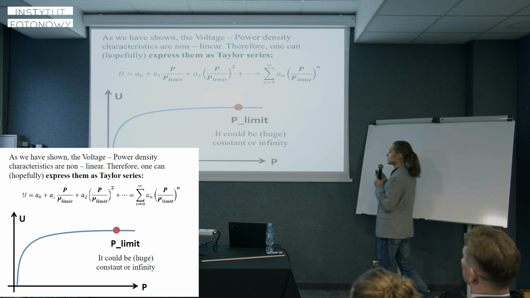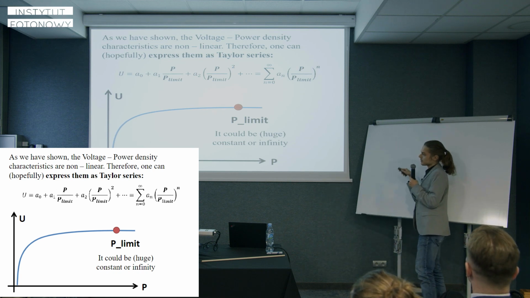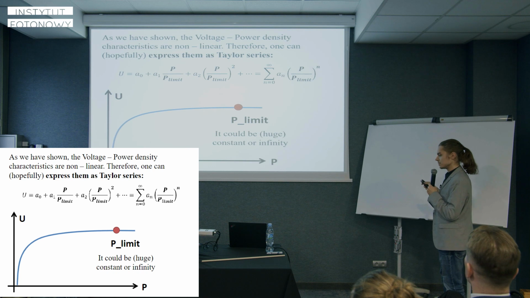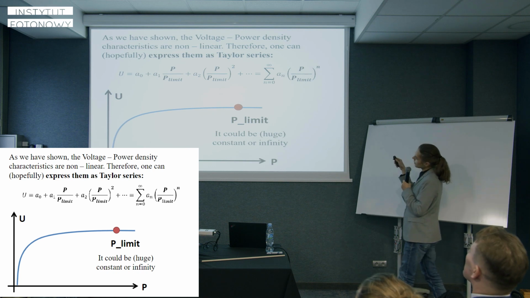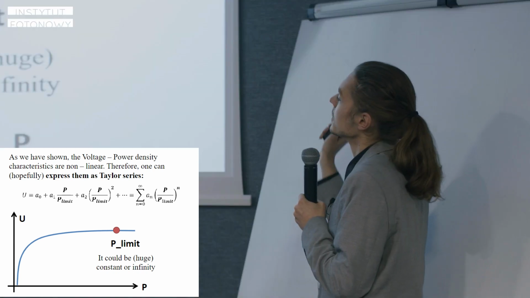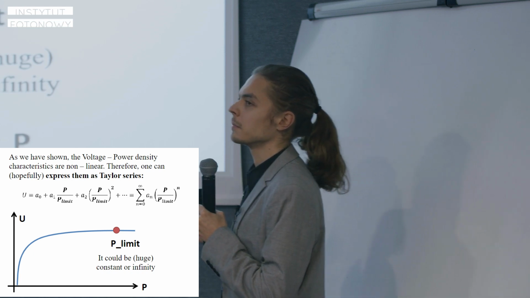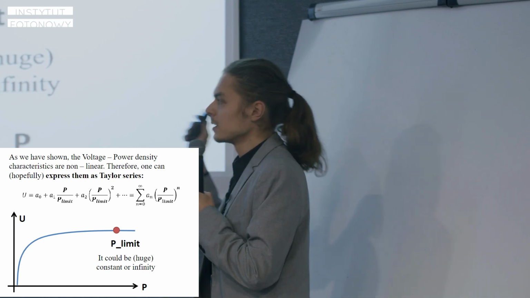This constant is not necessarily needed, but it is also easy to see that if my P is greater than P limit, the Taylor series most presumably becomes divergent.